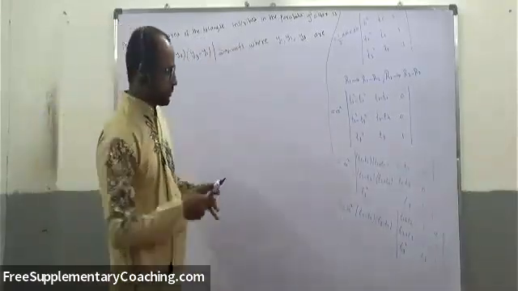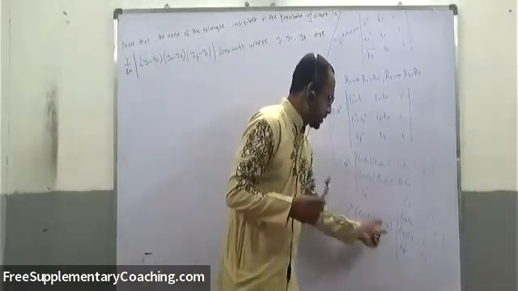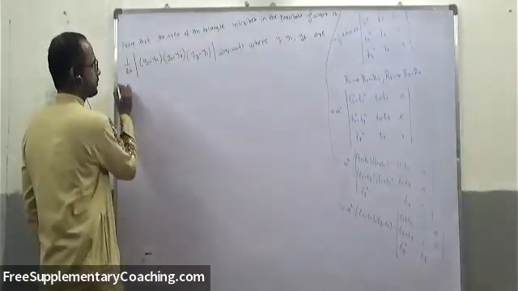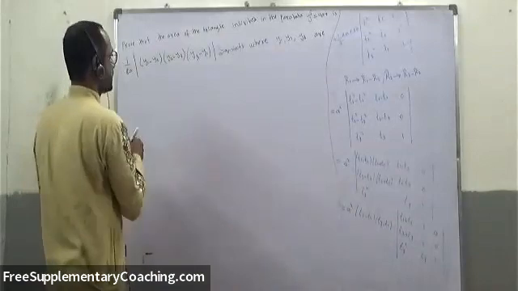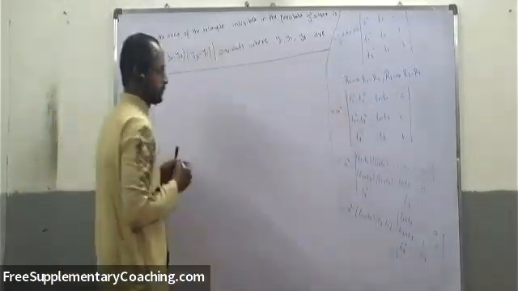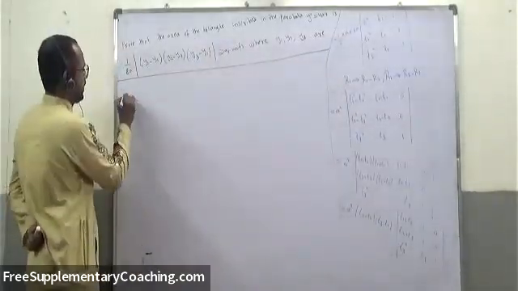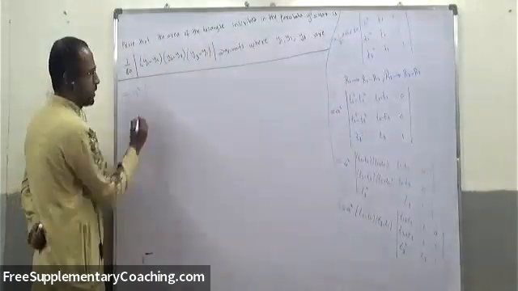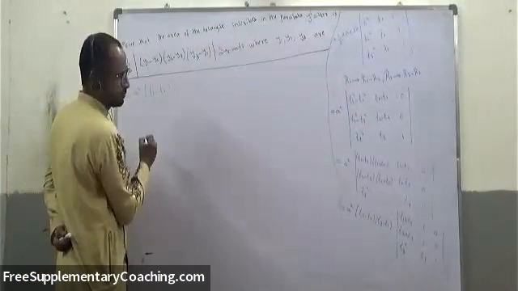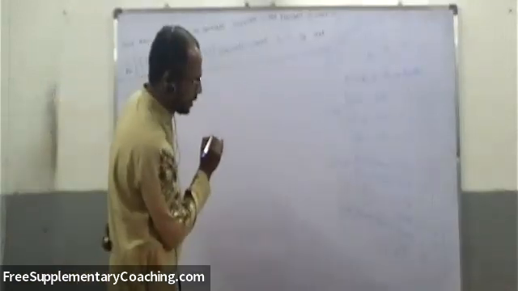So now, A square, T1 minus T2, T3 minus T2 as it is. No change in that. Just make a boundary. Is equal to A square, T1 minus T2, T3 minus T2.